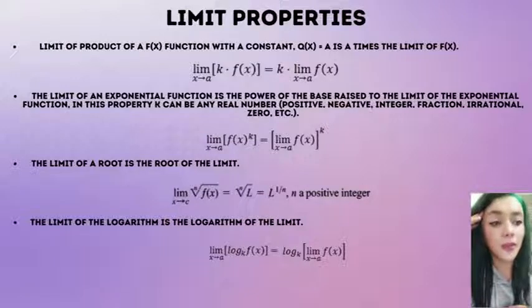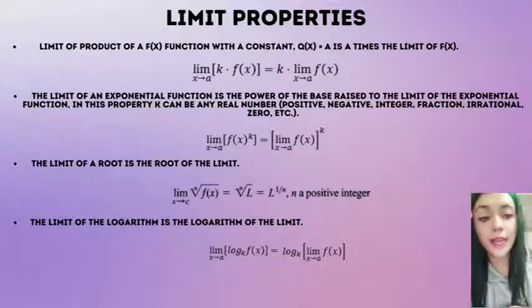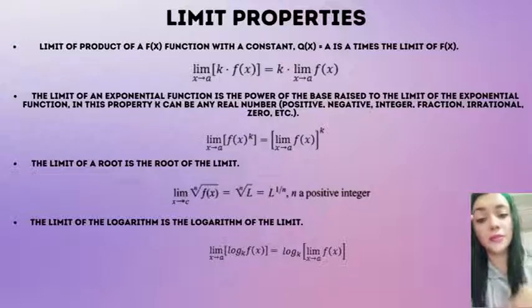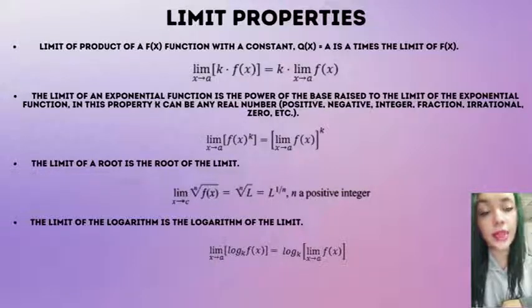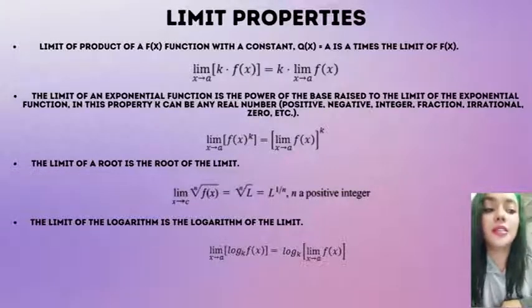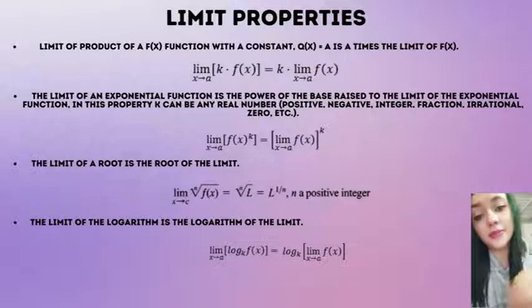In this property, k can be any real number: positive, negative, integer, fraction, irrational, zero, etc. The limit of a root is the root of the limit. The limit of the logarithm is the logarithm of the limit.